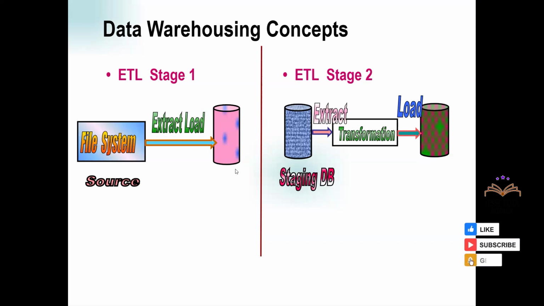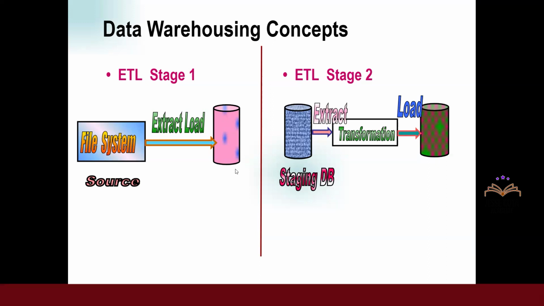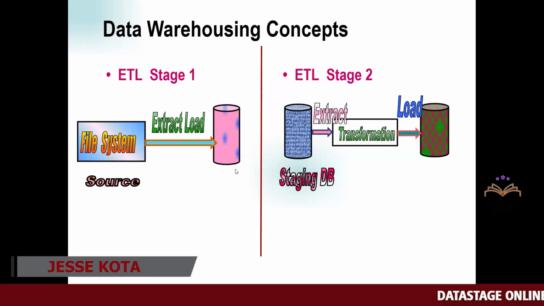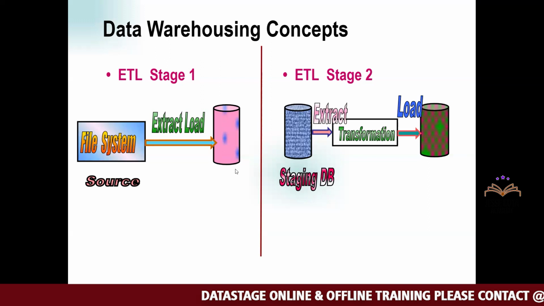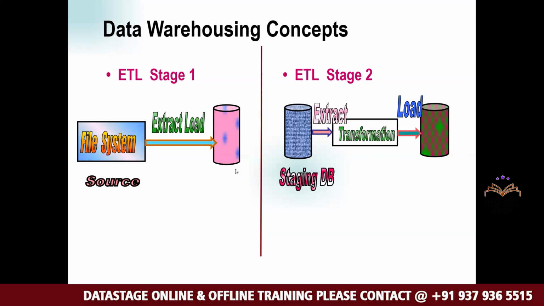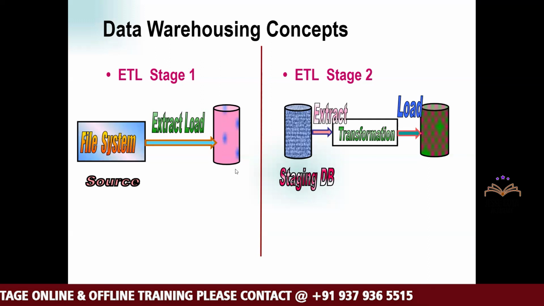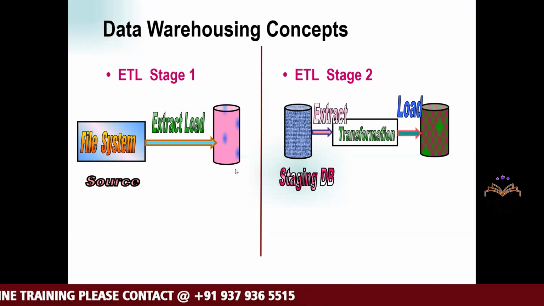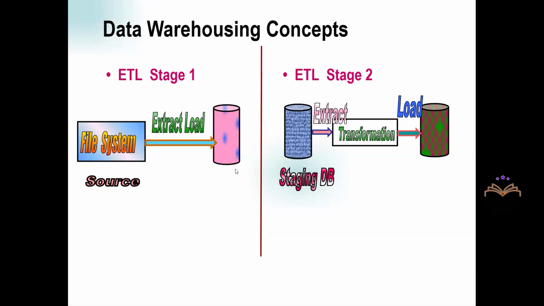I will explain the various stages in the practical sessions. We have a session on slowly changing dimension implementation, where I will explain these detailed steps: what the source is, how we can extract, how we can compare the data with the data warehousing tables, identify the records which are inserts and updates, and then how we finally load the data to the target.